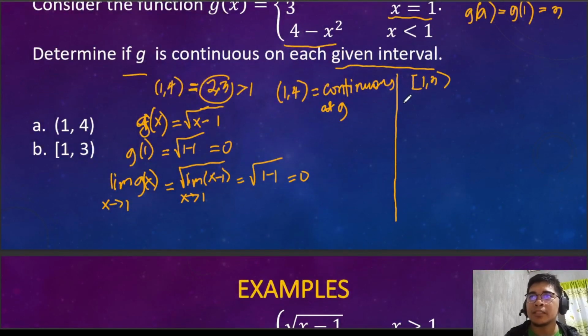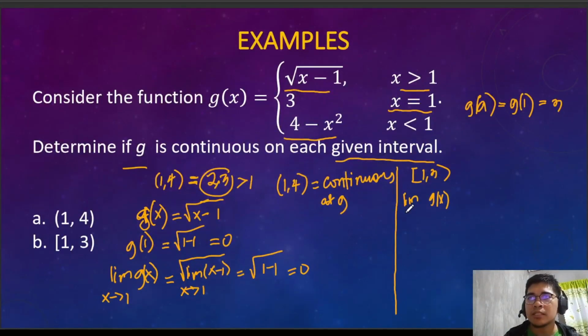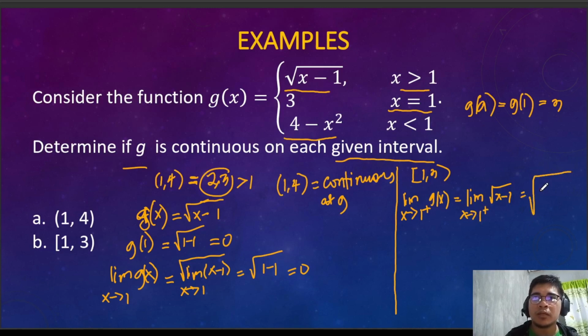So we get the limit of g of x as x approaches 1 from the right, meaning greater than 1, so we need to use the limit of square root of x minus 1 as x approaches 1 from the right, equals square root of the limit of x minus 1 as x approaches 1 from the right.